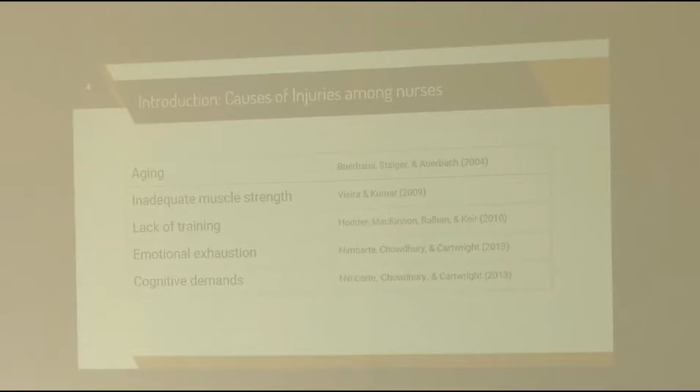Also, the lack of adequate training for physically demanding tasks within the nursing profession is another reason for this increase in injury rates. Nurses are expected to perform their duties with dedication and care because they're dealing with patients and with humans, and that fact augments their physical exhaustion in addition to their emotional exhaustion.